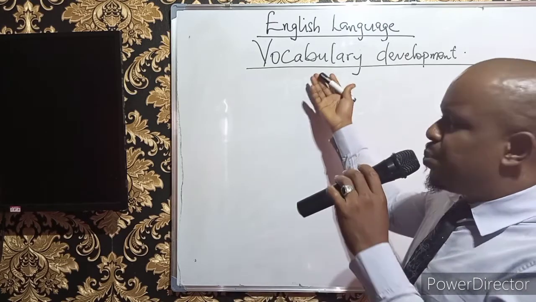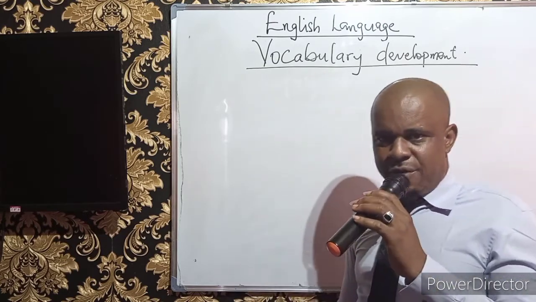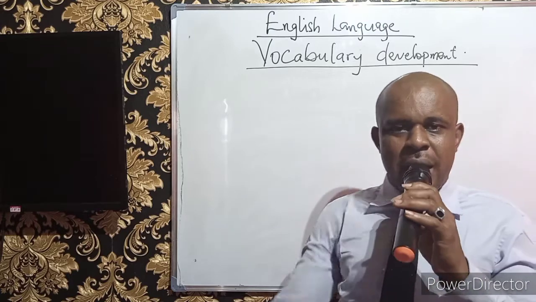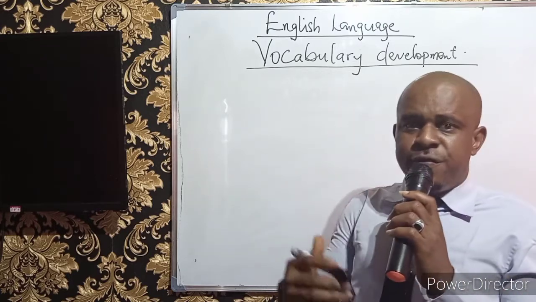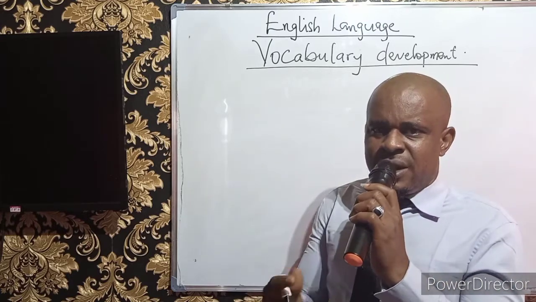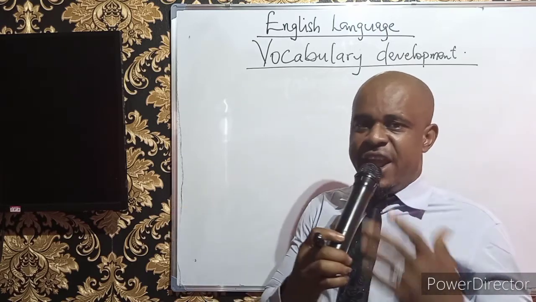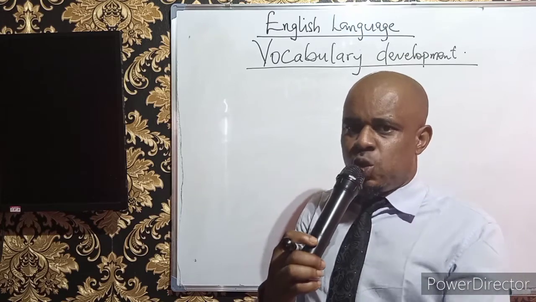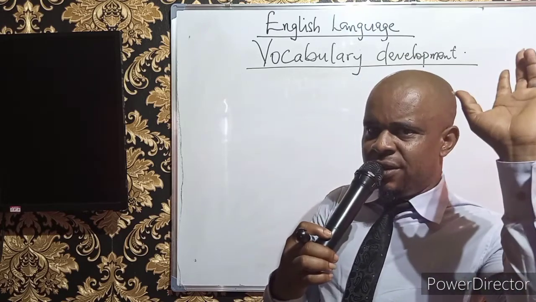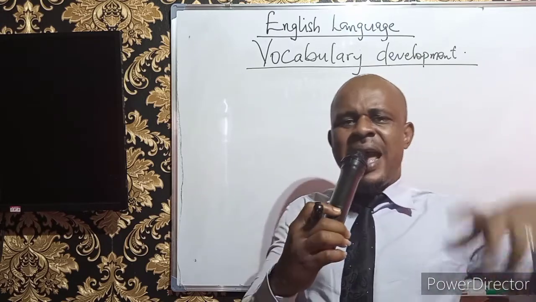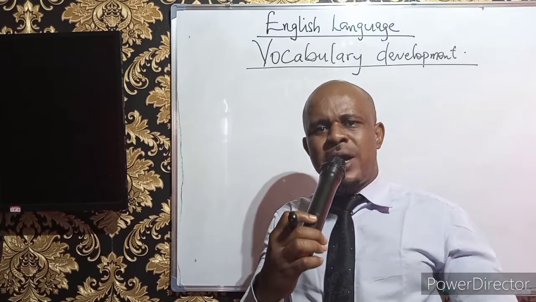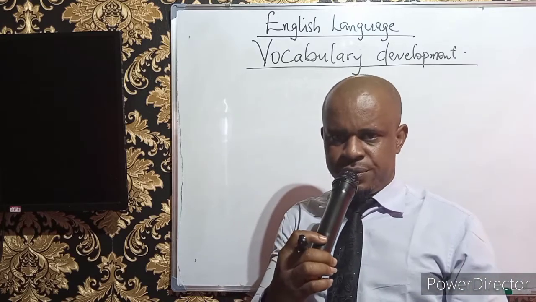So how do we explain the concept of vocabulary development? Vocabulary development involves a process. It involves an activity that is geared towards advancing and improving our level of vocabulary acquisition.